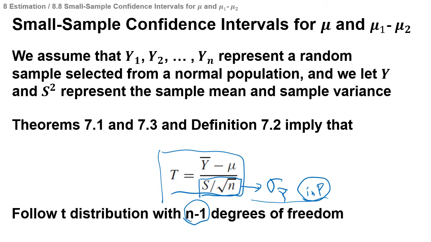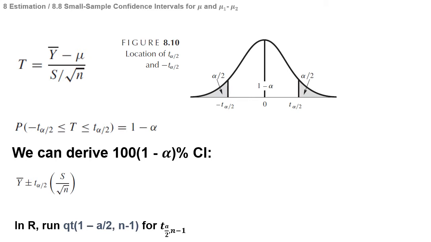Anyway, if n goes too large, then this converges to the standard error, so we can approximate this with the standard normal distribution. However, if n is not very large, then we need to use the t distribution to construct the confidence interval. So our t is defined this way, and this follows the t distribution.